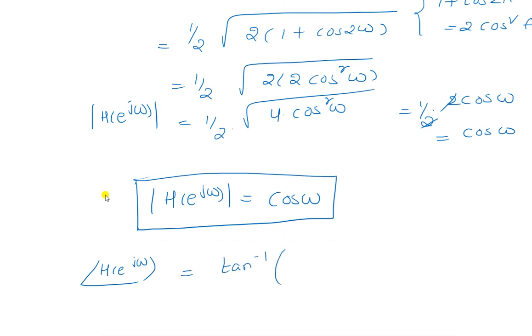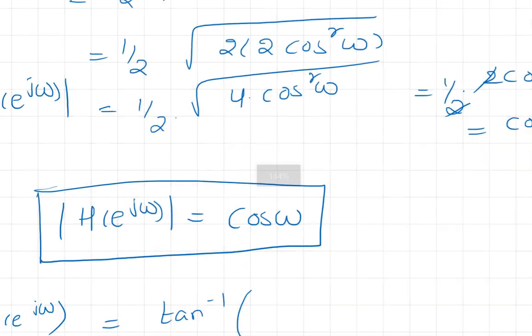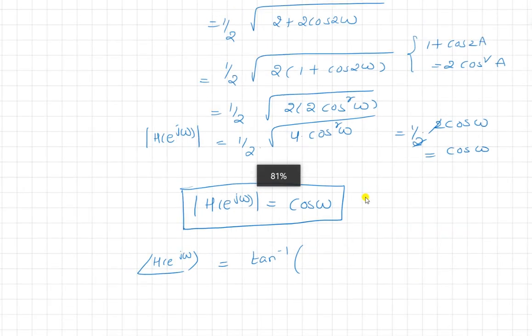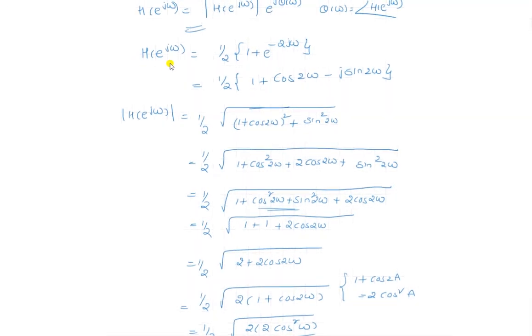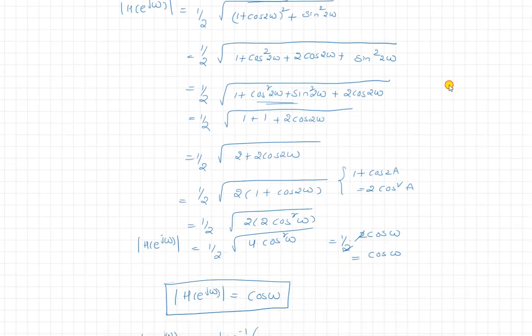So the frequency response H of e to the power j omega is equal to 1 by 2 into 1 plus cos 2 omega minus j sine 2 omega.